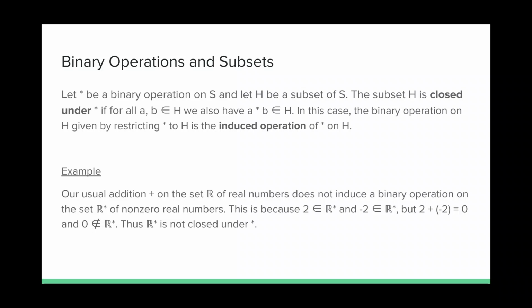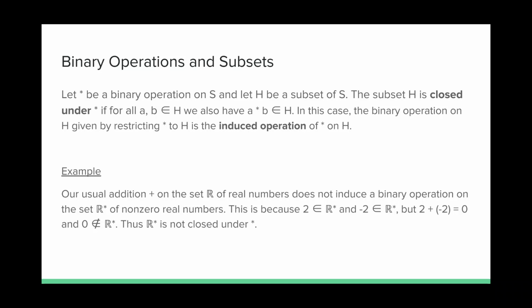Binary operations and subsets. We've mentioned subsets before in our first video, and we applied them in our second question video. So, let star be a binary operation on S, and let H be a subset of our set S. The subset H is closed under our binary operation if for all a and b inside our H subset, a star b is also inside that H subset.